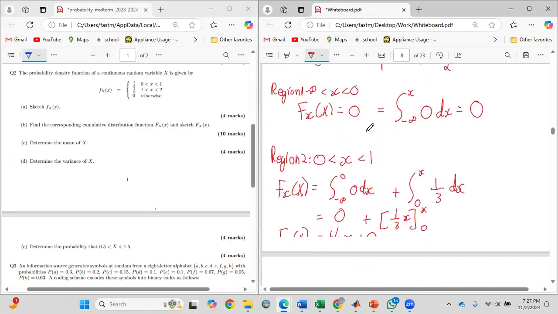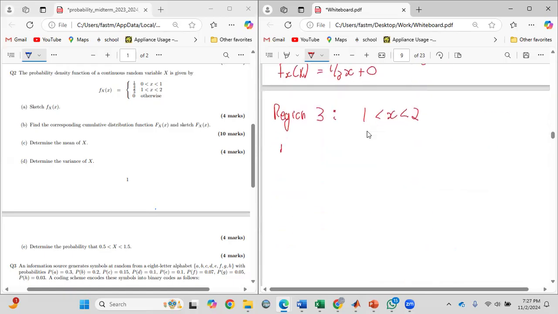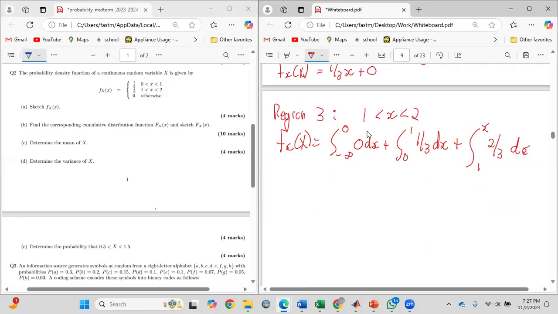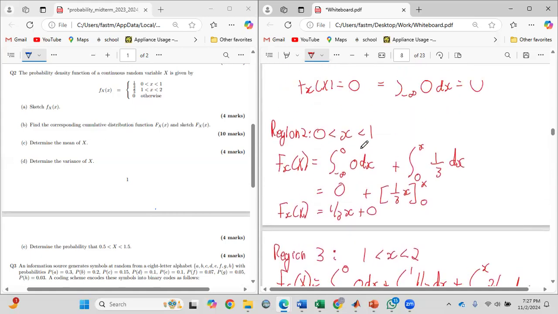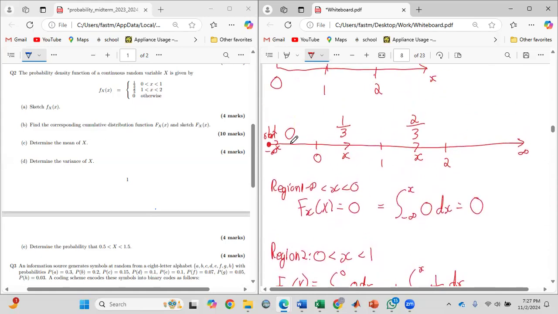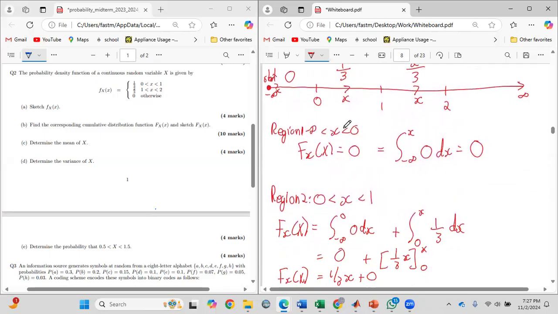So the CDF will be the integral from minus infinity to 0 of 0 dx, plus the integral from 0 to 1 of a third dx, plus the integral from 1 to x of 2/3 dx. You see how the integrals add up cumulatively. You could just put 0 plus a third, and you'll get the same answer.